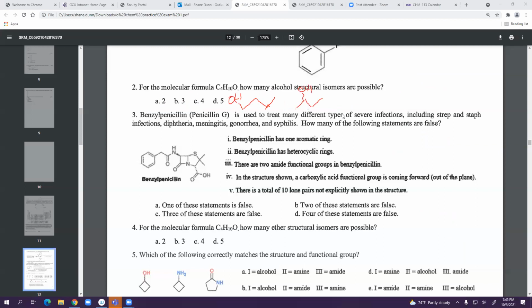Here's your OH. You kind of basically make a cross, OH, and then you make another cross. This time OH is down here. There's your 4 structures you can do. That makes sense or no?